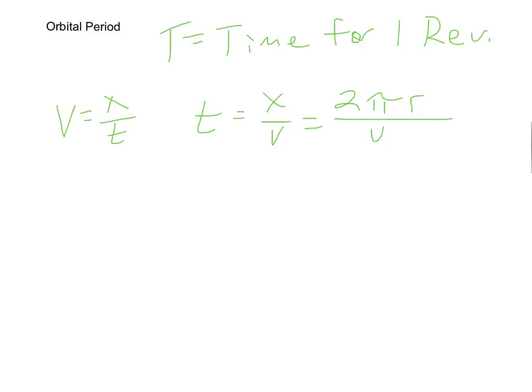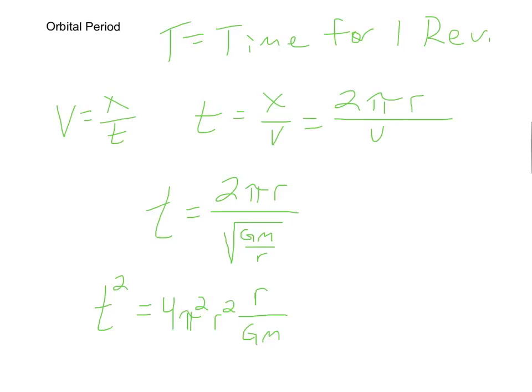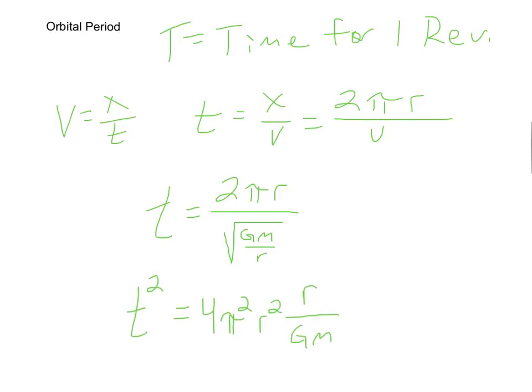Now, of course, this v is the orbital velocity that we just derived, which is the square root of GM over r, and we insert that into our expression here, we end up with this. So when we square both sides and then clean the whole thing up using our wonderful algebra skills, we end up with this.